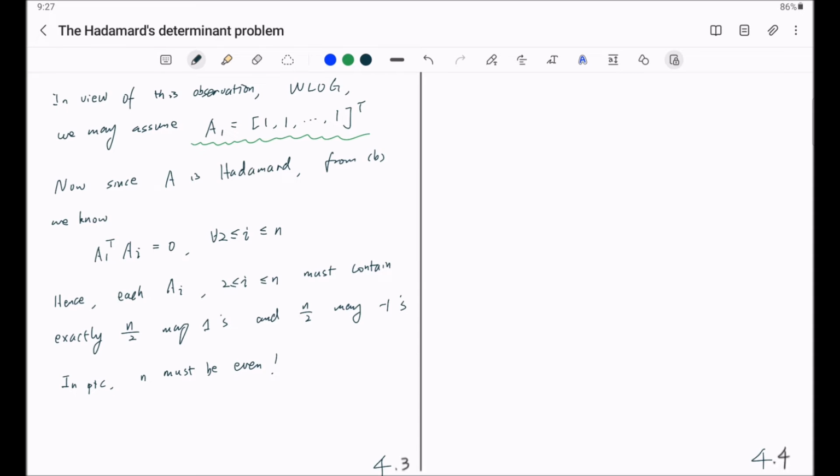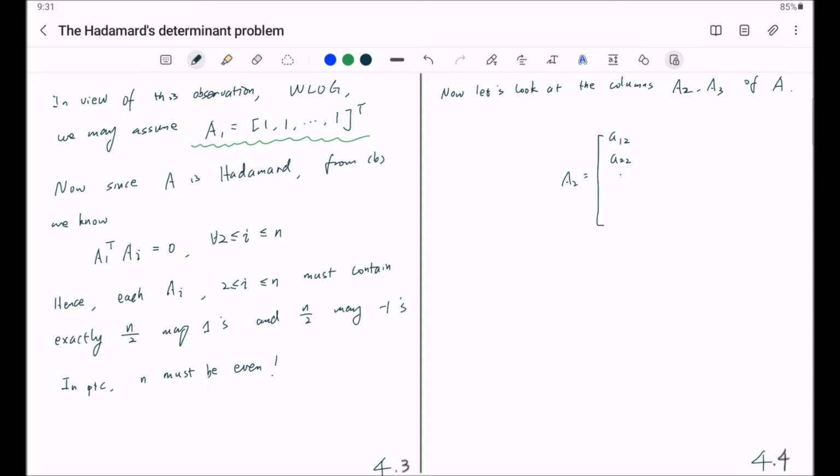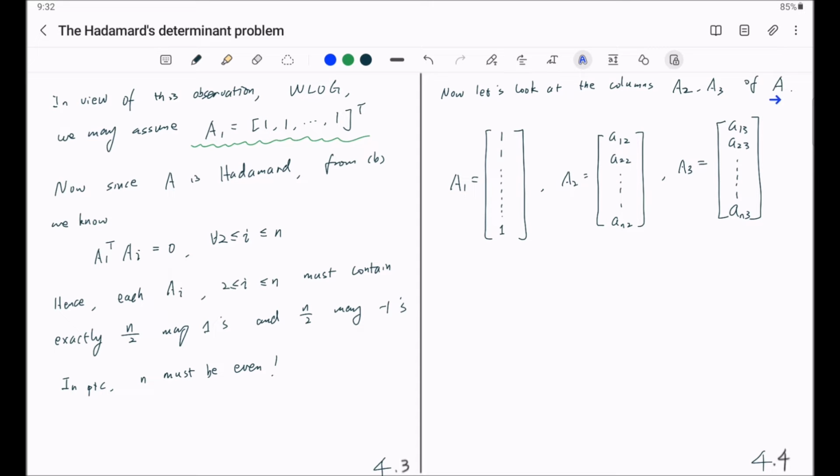And now it comes to the trickiest part. Now let's look at the columns A2 and A3 of A. For this given A, we consider the following 4 numbers. They are cardinalities of 4 sets.